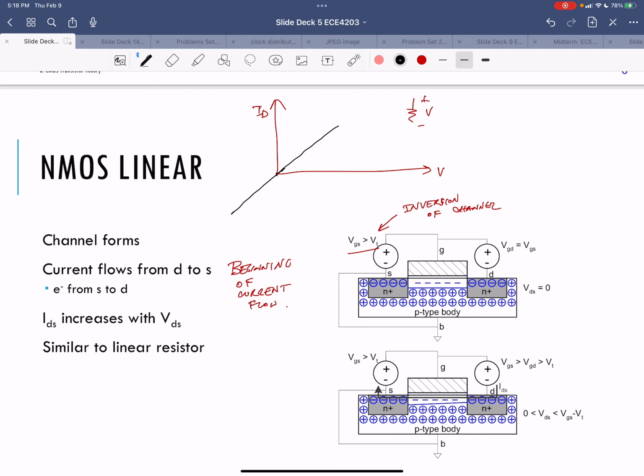As you get a higher voltage across a resistor, you get a higher current, and that's kind of what is happening in this region when the gate source voltage goes above the threshold voltage and you're increasing your drain source voltage. You get a higher and higher current.